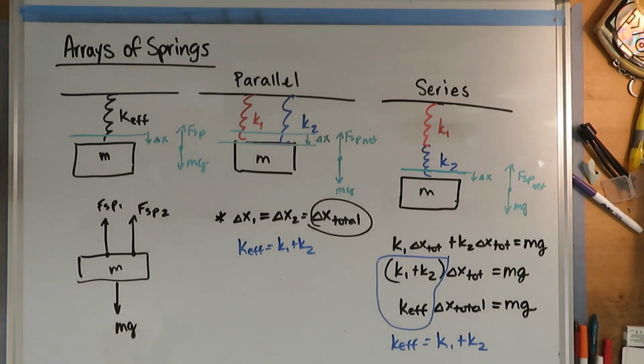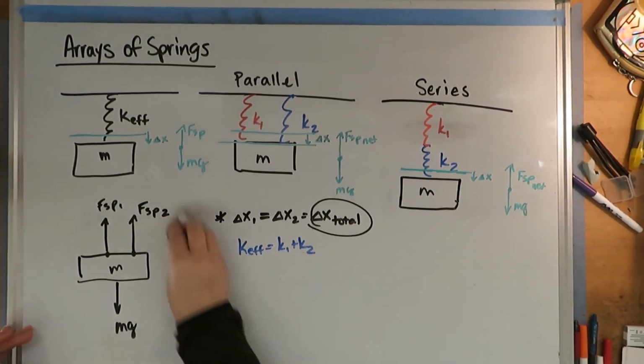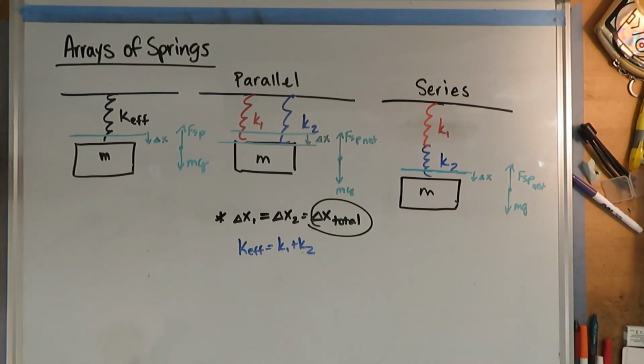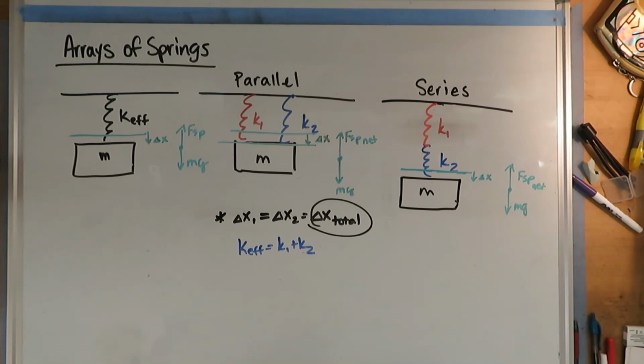Well, what about the series? So what does that tell us? Well, this one's a little bit different. This one's actually more complicated. So if we look at what's going on in that one, there's an overall net delta X for this, but if I picture what's going on, let's see, get a different color.